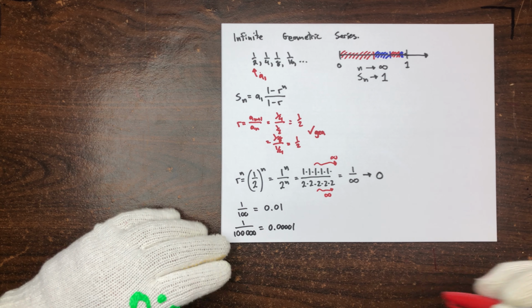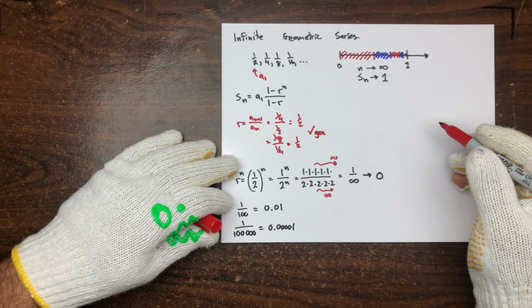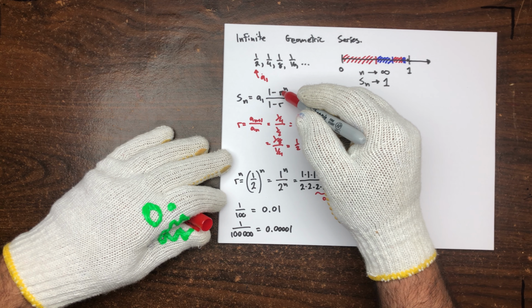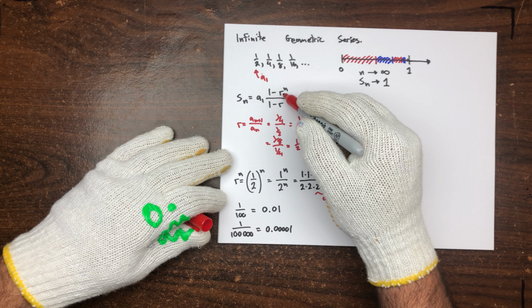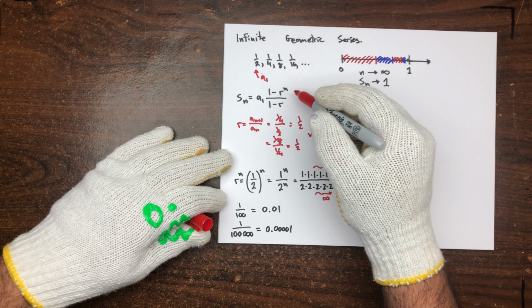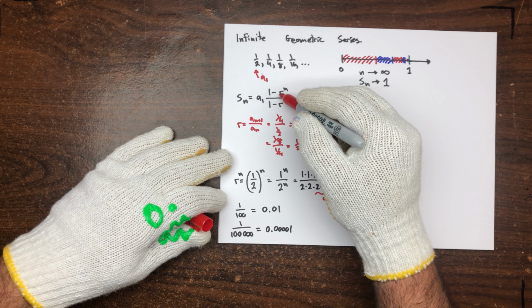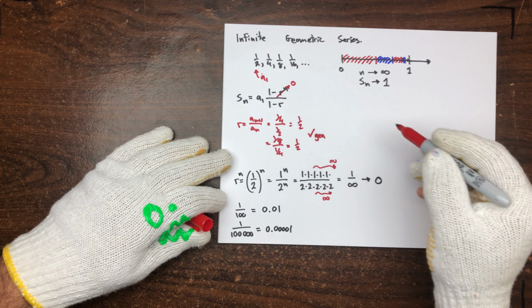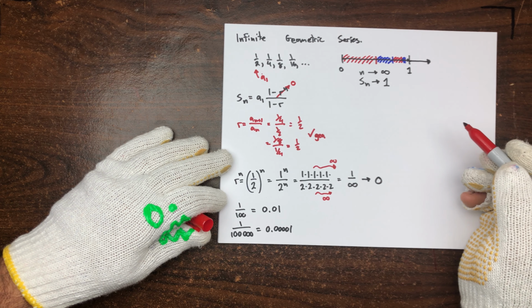And that's the point. So if you have an infinite geometric sequence, and the ratio is in between -1 and +1, and we'll talk about that in a minute, this ratio goes to 0. And everything else stays the same.